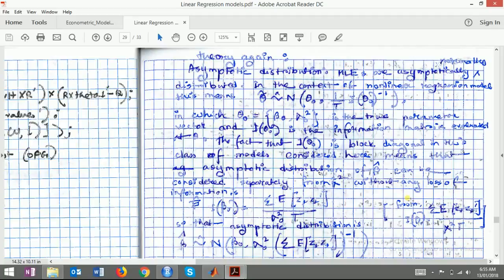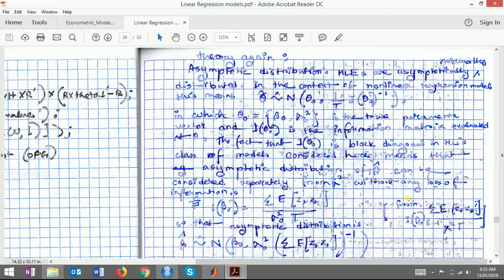This means theta hat is normally distributed with theta naught as the mean and the covariance matrix omega, which is the inverse of the information matrix, in which theta naught is equal to beta naught and sigma square, the unknown parameters, is the true parameter vector.